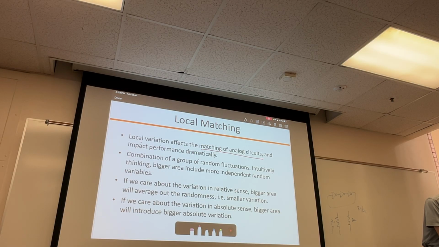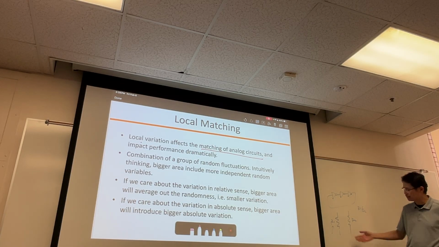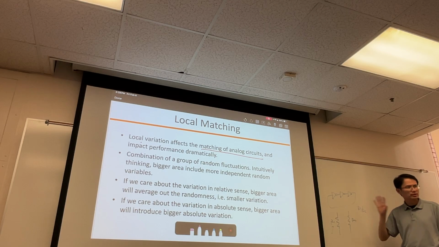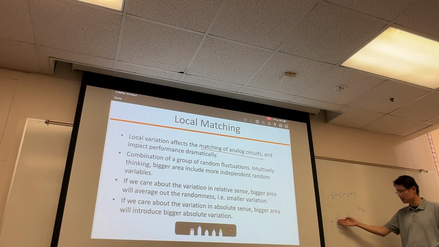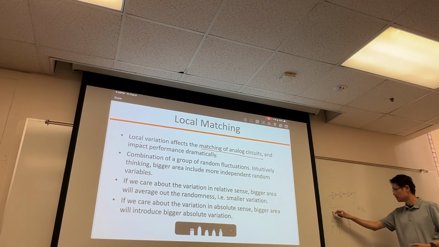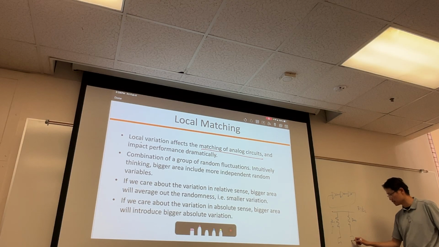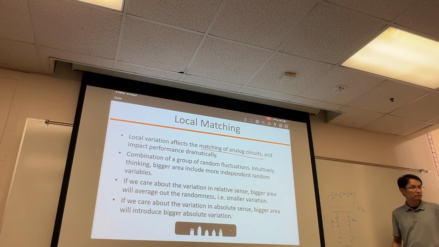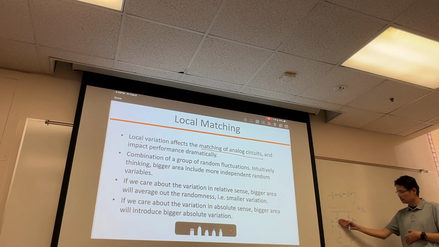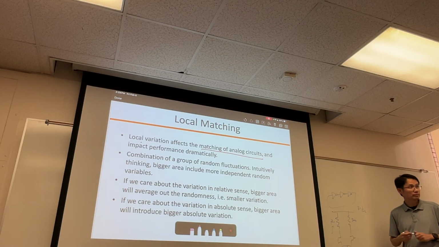I will give you some examples. In general, if you design differential circuits, usually you care more about the relative ratio, left and right. If I build a differential amplifier, you care a lot about the relative matching between the two.